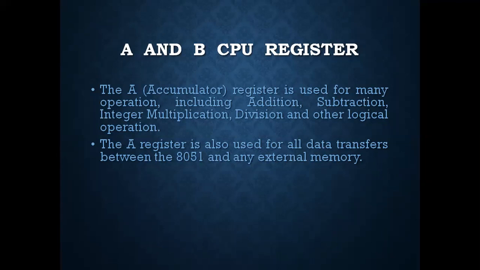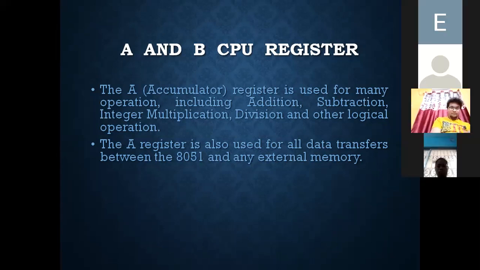When the program is written, it is stored into the ROM. It cannot be written in the RAM. So whenever the code length exceeds 4 kilobytes, what will happen? We will see, if we can remember, the EA bar VPP, pin number 31 in the 8051 IC.